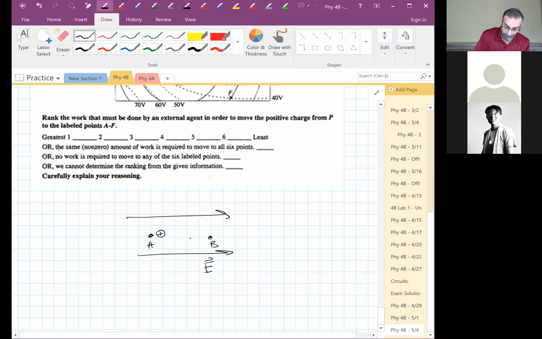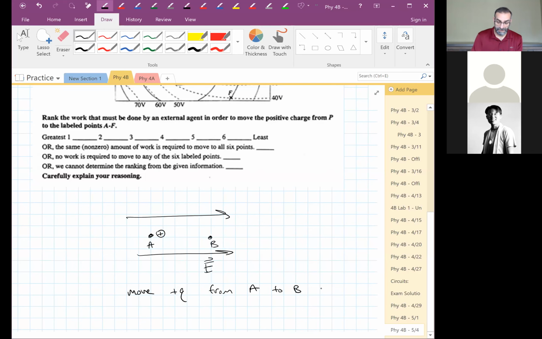So we're moving a positive charge from A to B. If we let go of a positive charge at point A, what would happen to it? The field would push it to point B, right? Because the positive charge moves in the direction of an electric field.